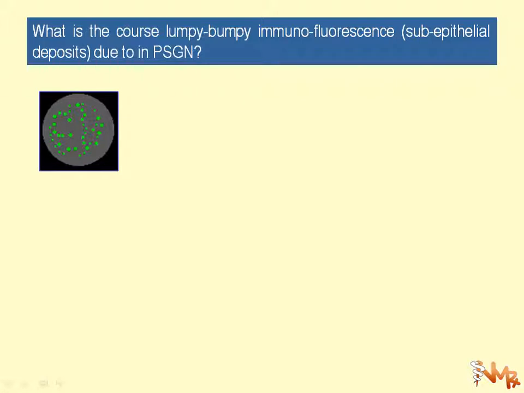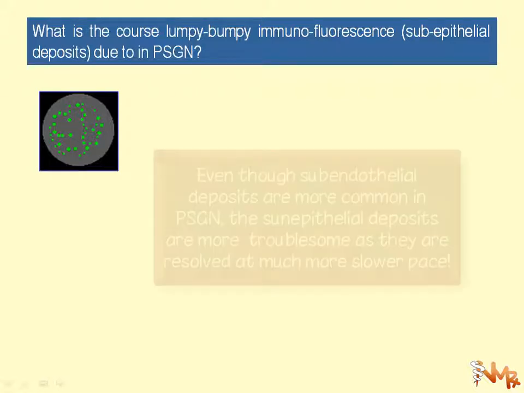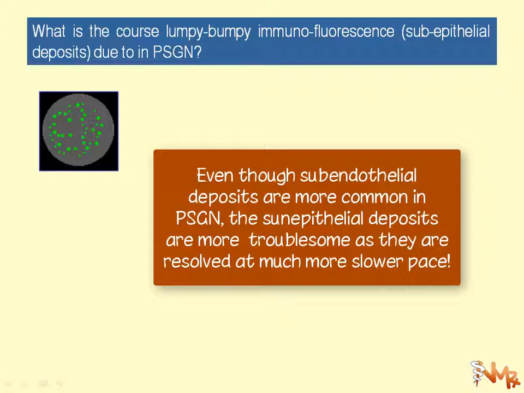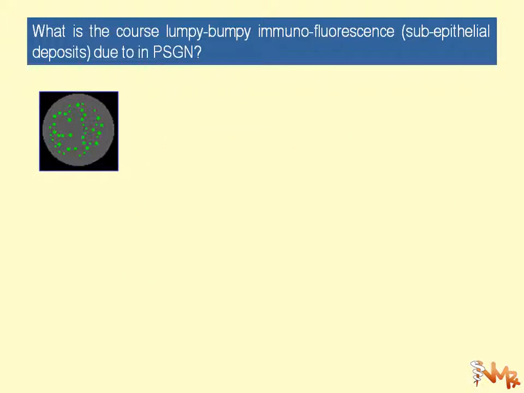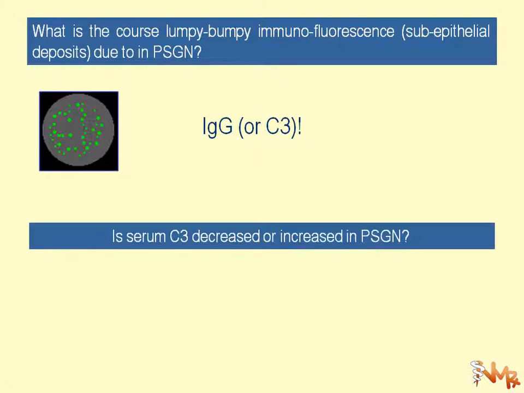You may review that, but to give you a quick refresher here, what is the coarse, lumpy, bumpy immunofluorescence subepithelial deposits in PSGN? And this is how you're going to see the immunofluorescence findings. These are composed of IgG or complement 3. Is serum complement 3 decrease or increase in PSGN? It is decreased in PSGN because it's consumed in the nephrons.